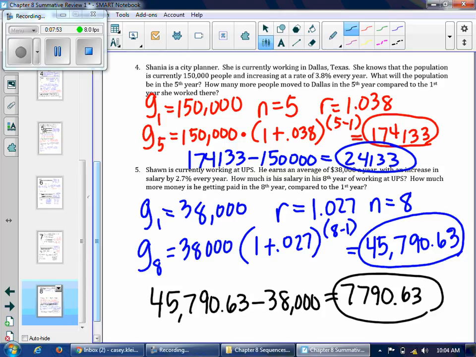The difference from his 8th year of working to his 1st year of working would be $7,790.63.